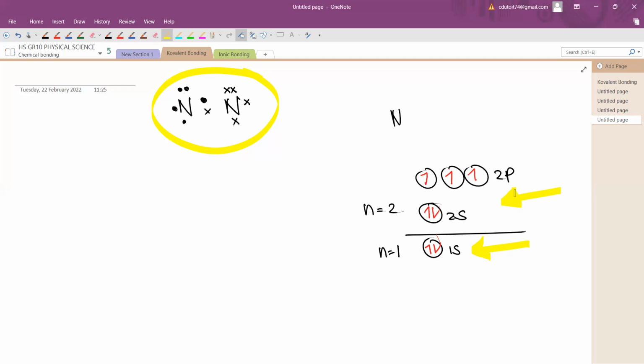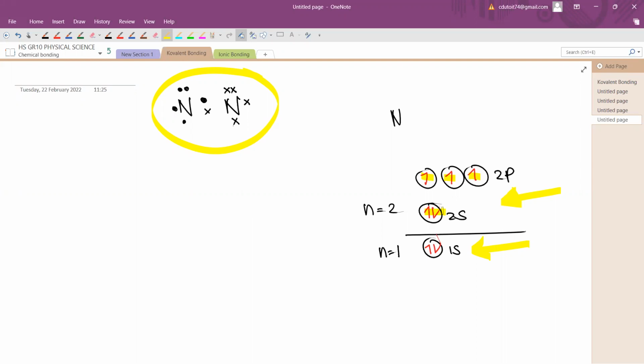So there's actually only 1, 2, 3, 4, 5 electrons at the outside, or the highest energy field, and they are the ones partaking in a covalent bond. So that's why we say, what group number is nitrogen? It's in group 5, so there's only 5 valence electrons.